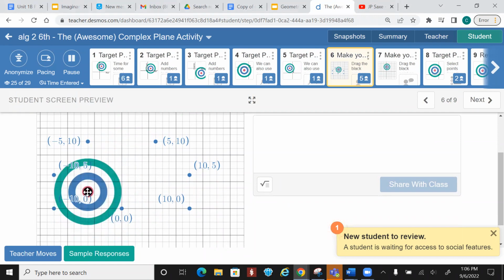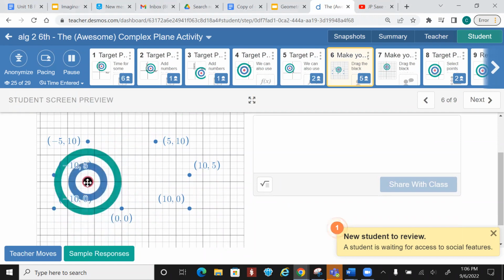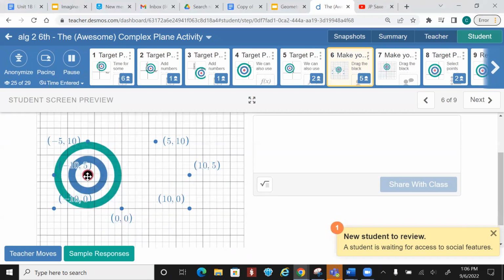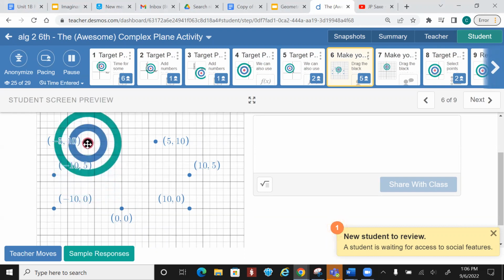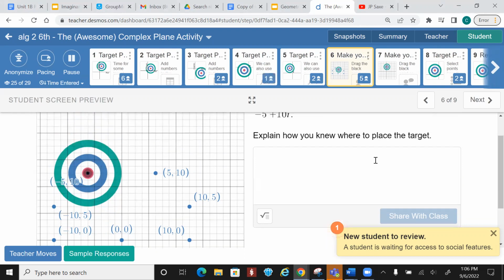That's going to go all the way up to 2, 3, 4, 5, 6, 7, 8, 9, 10. So it should be here. Does that make sense? There you go. And then how would you know? Well, because the x-axis is the real, and then the y-axis is going to be the imaginary. That makes sense?